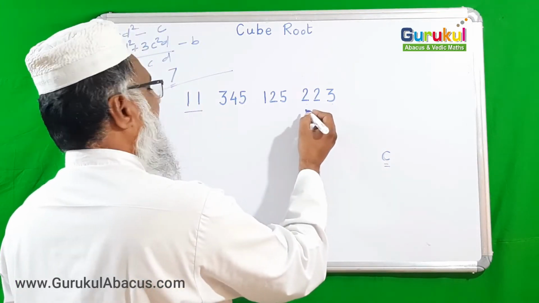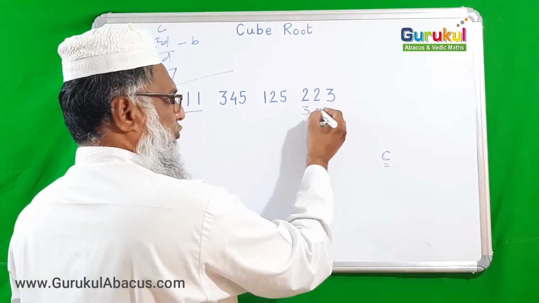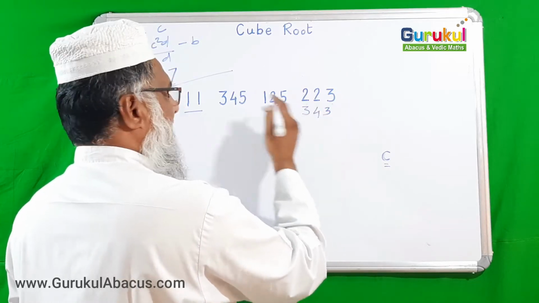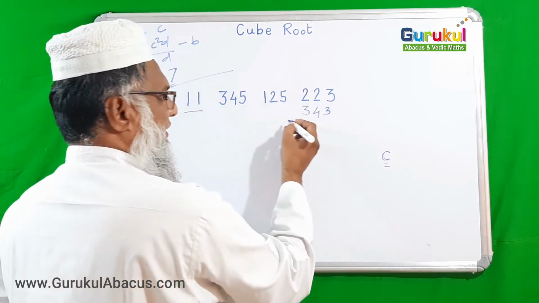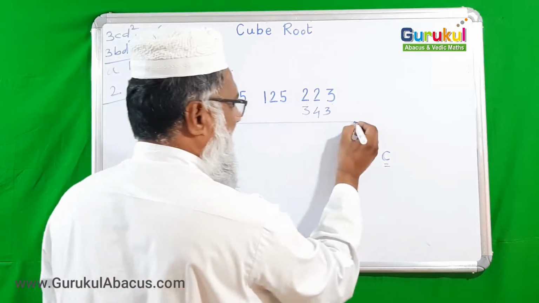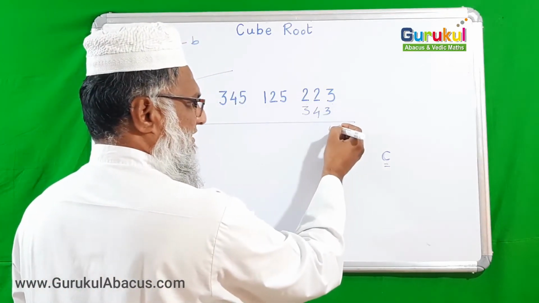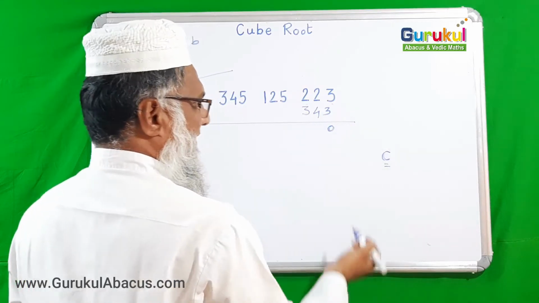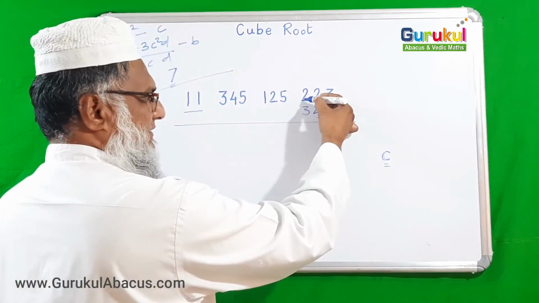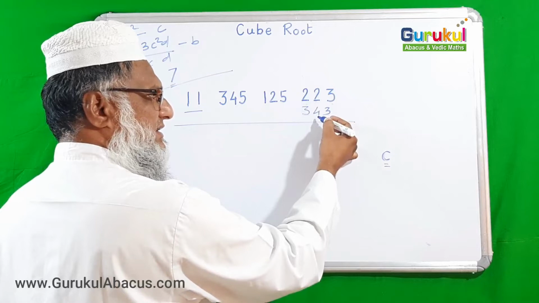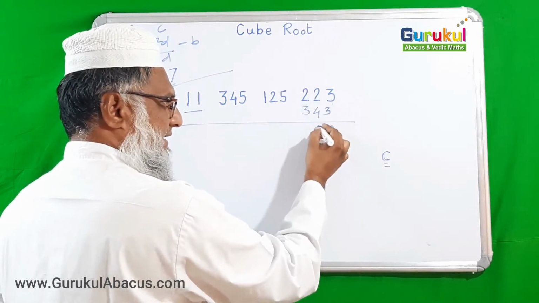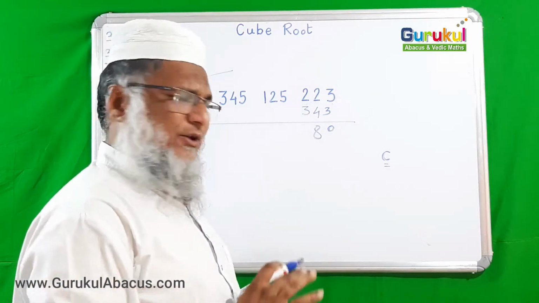So for that what are we doing? Cube of D means cube of 7, 343, we are going to subtract from it. So let us subtract. 3 minus 3 always comes 0, last digit we know it. Now here is not 2, just taking 1 from here. So 12 minus 4, 8 is that. Now that's it.